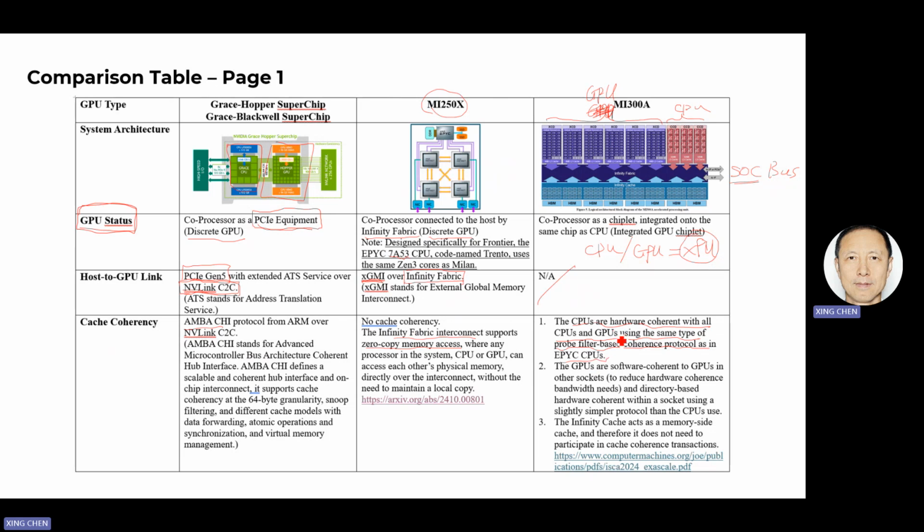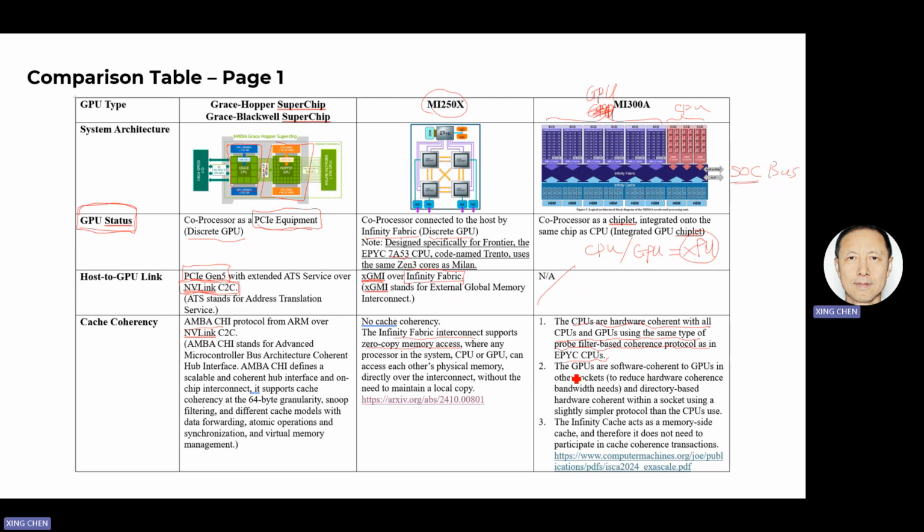So if you have a dual socket system, you have two CPUs, and the two CPUs will be cache coherent. And here, all the CPUs and all the GPUs are going to run the same kind of cache coherency protocol to guarantee all of them are cache coherent. Okay, that's between the CPU and the GPUs.